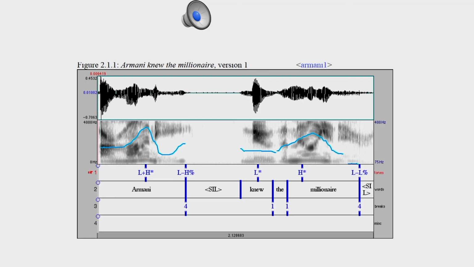These tiers can also be marked by using software like Praat, which allows you to create different tiers for words in a sentence.